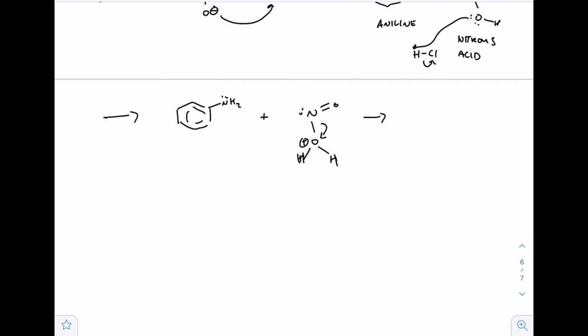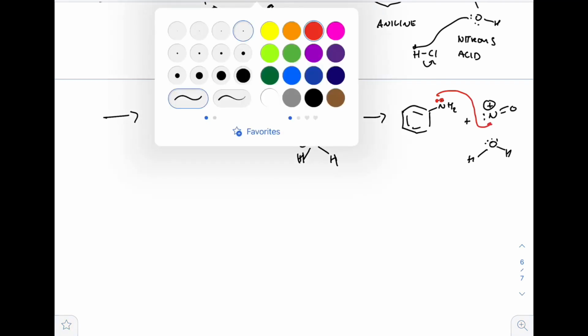All right, so water left, right? And it takes those electrons with it, right? So that nitrogen is now positively charged, right? This is called a nitrosonium ion. Okay, so it's NO positive, right? Very susceptible to nucleophilic attack by a good nucleophile, right? We got that nitrogen there with the lone pair.